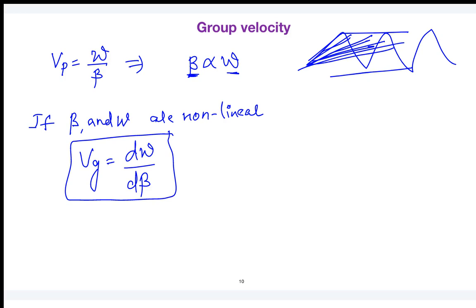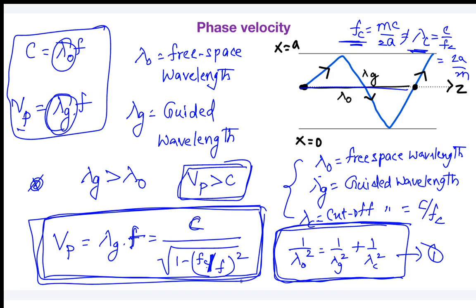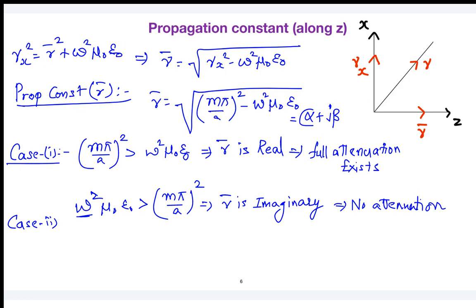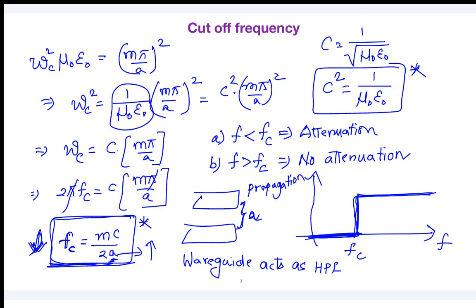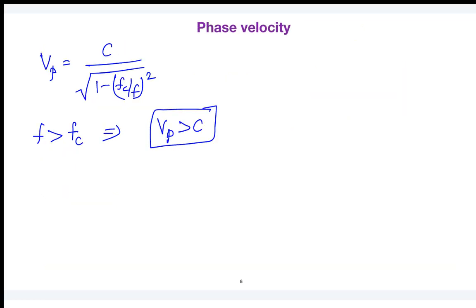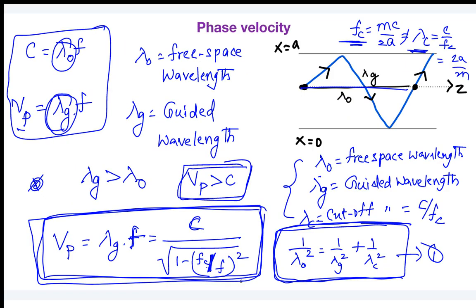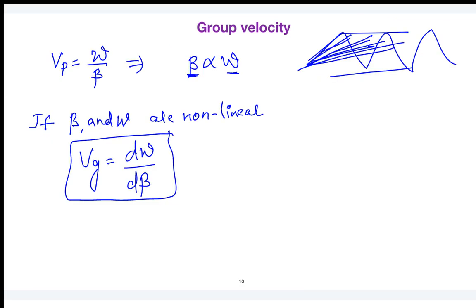So what is the value of group velocity if you want to calculate? When you see the propagation constant gamma bar, you are getting it as root over j into root over omega square mu naught epsilon naught minus m pi by a whole square.